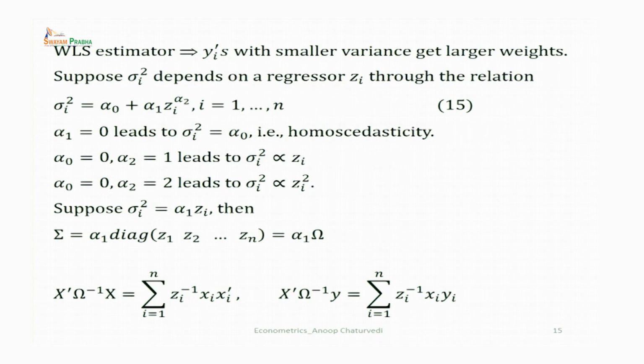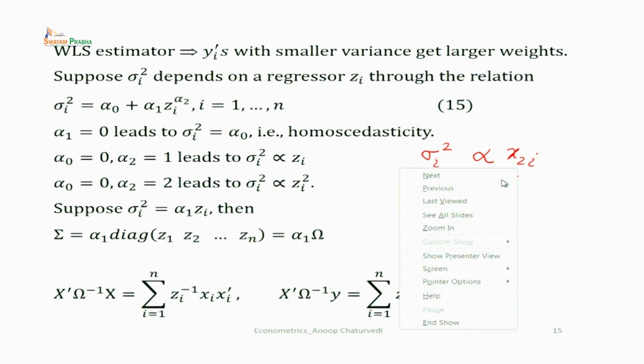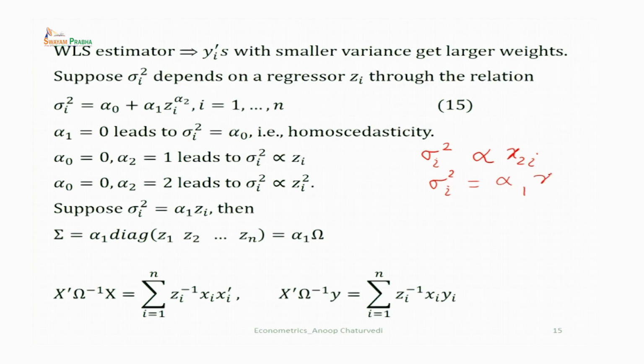Say for example, in the income and food expenditure data example which we discussed earlier, you may take sigma_i squared as proportional to the income, say x_2i, or you may take sigma_i squared equal to some constant times, say alpha_1 x_2i, or suppose sigma_i squared is proportional to x_2i squared, then sigma_i squared may be equal to alpha_1 x_2i squared, or you may introduce alpha_0 here also.